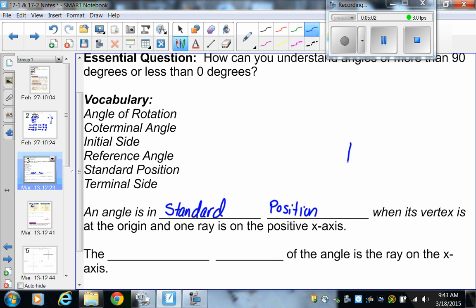So what that is saying is that one has to be on the positive side of the x-axis. The other one can go anywhere, so let's just put it over here. But as long as one ray is on the positive x-axis and the vertex is at the origin, then it's in standard position.